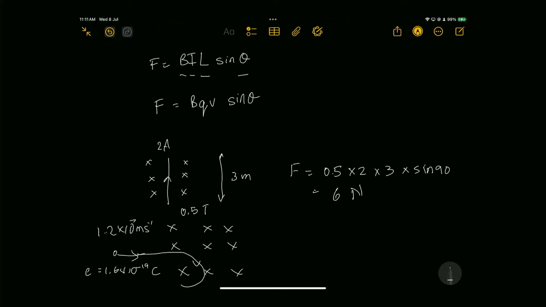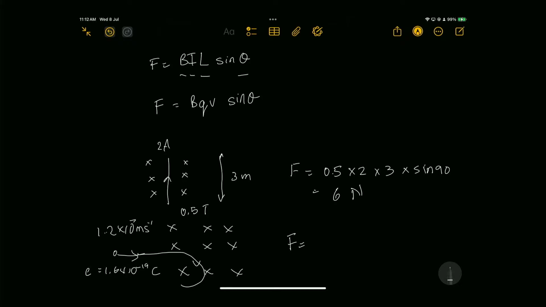So the magnetic force experienced by this particle would be what? F is equal to, what values do I need to put in? The strength, the charge and speed.